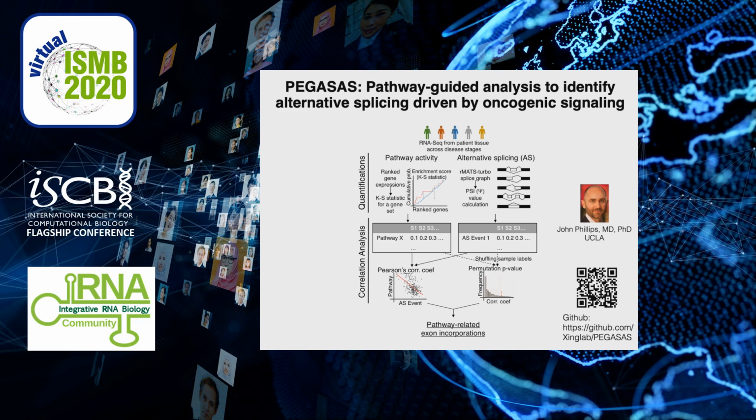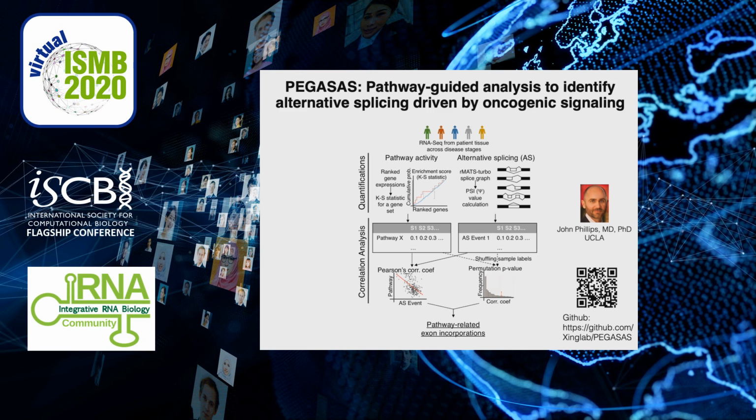As you can see in this diagram, PEGASAS starts by taking RNA-seq data from patients' tissues across different stages of the disease. And by taking the same RNA-seq data from the sample, PEGASAS branches into two orthogonal measurements, pathway activity and alternative splicing. So for pathway activity, PEGASAS leverages the ranked gene expression and KS statistic to come up with a pathway activity score.